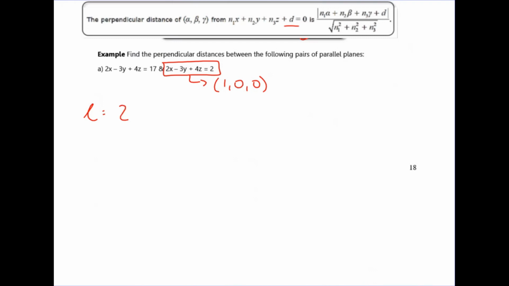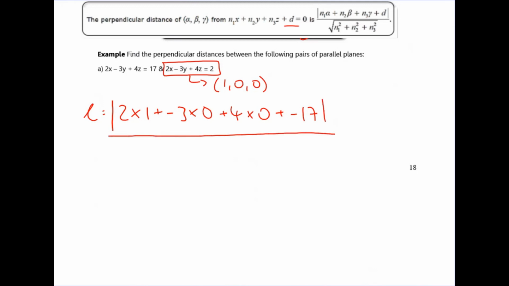So n1 is 2, alpha is 1. n2 is minus 3, but then beta is 0. n3 is 4, but then gamma is 0. All this ends up being 0, plus d. Now, if I take this 17 across, d is minus 17. So you've got to be really careful. It's easy to get that d sign wrong.